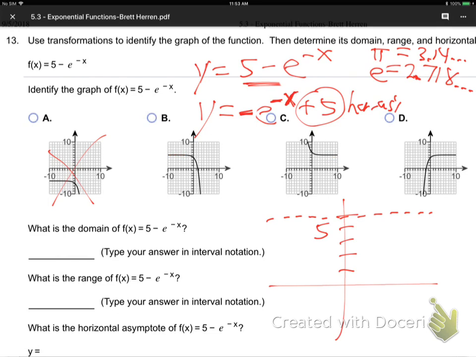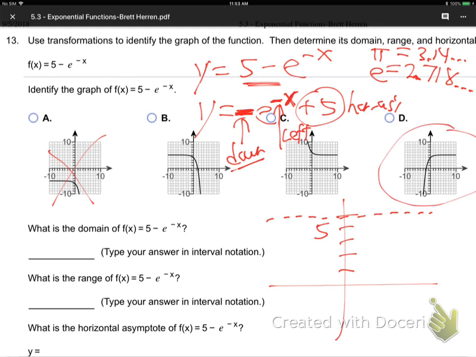Now let's talk about all the flip talk. We have a negative in the front here and a negative on x. We're double flipping. We're going down and left, aren't we? Negative on the x flips it left. Negative in the front flips it down. Which one is going down and left?